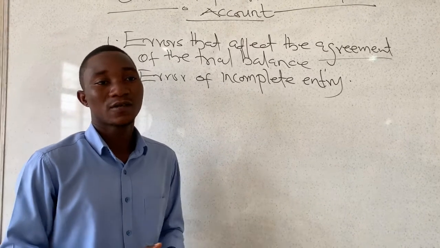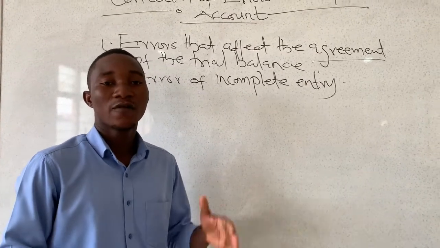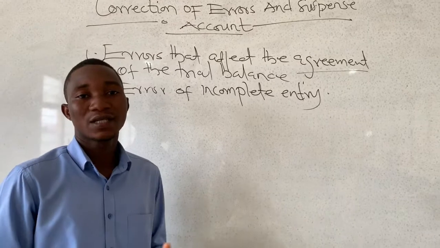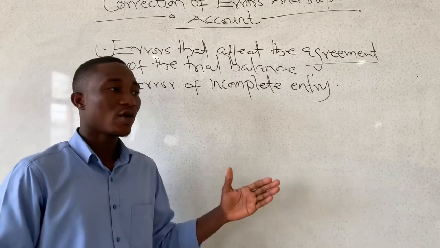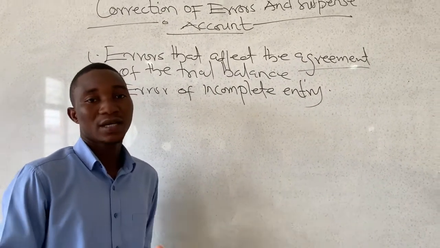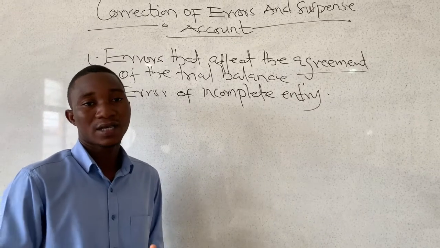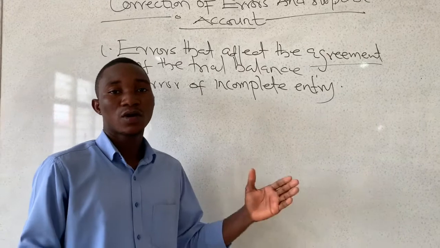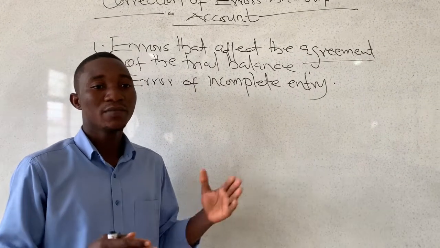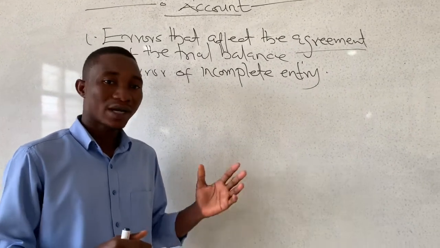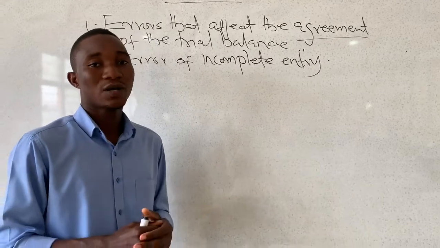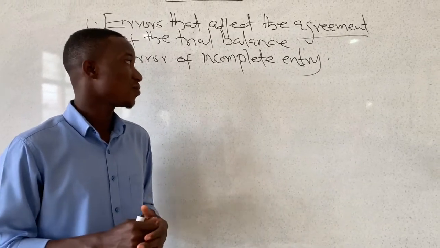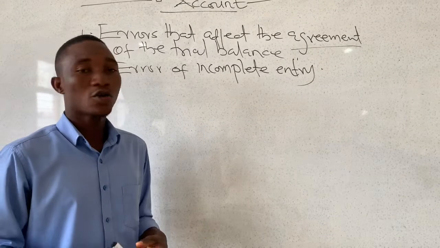We all know that from our double entry principles, for every transaction, we have to at least record it twice. That is recording it in one account at the debit side and the other account at the credit side, and vice versa. So if you forgot to record the transaction in one account, but you only made the recording in only one aspect, or you only recorded it in one account, forgetting the other account, it means you've made an error of incomplete entry.